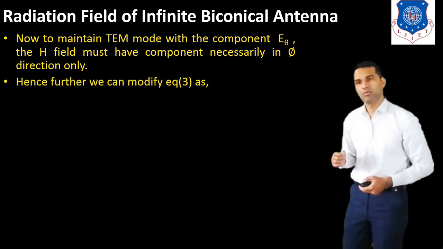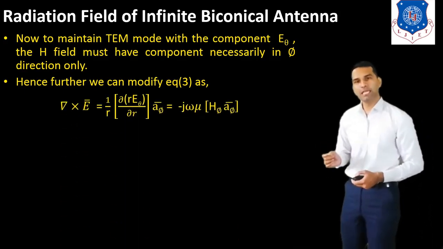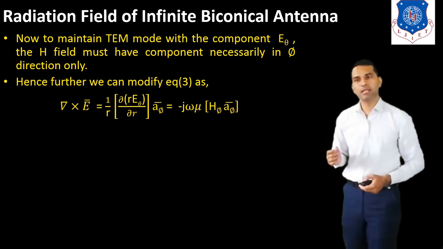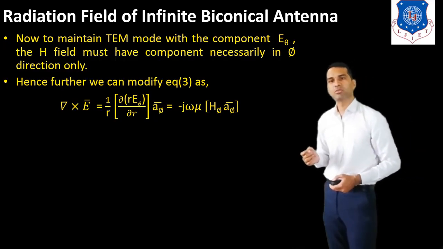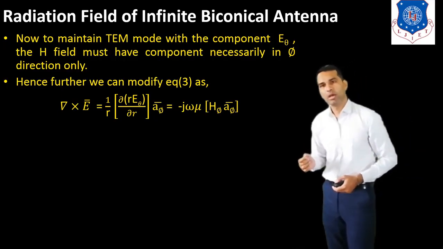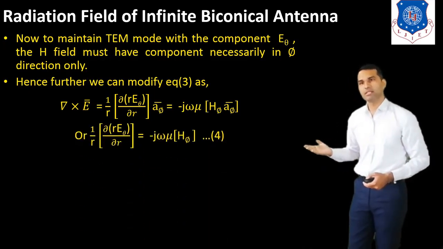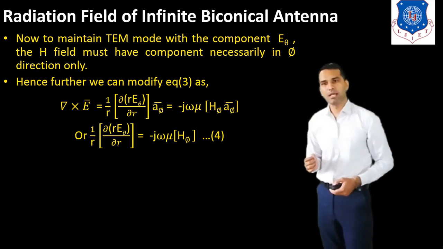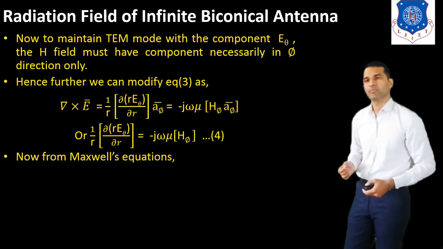Hence, we can further modify the equation as del cross E equals 1 upon r del(r E theta)/del r a phi equals minus j omega mu H phi a phi. Or we can also write this equation as 1 upon r del by del r of (r E theta) equals minus j omega mu H phi.